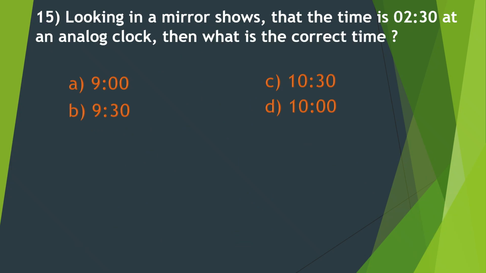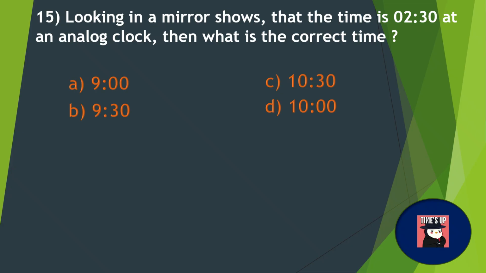Next question on your screen and your timer starts now. Looking in a mirror shows that the time is 2:30 on an analog clock. Then what is the correct time? Here mirror image is asked. You know how to solve mirror image, correct?